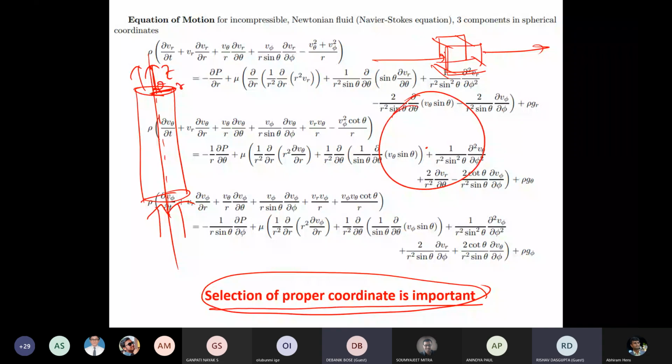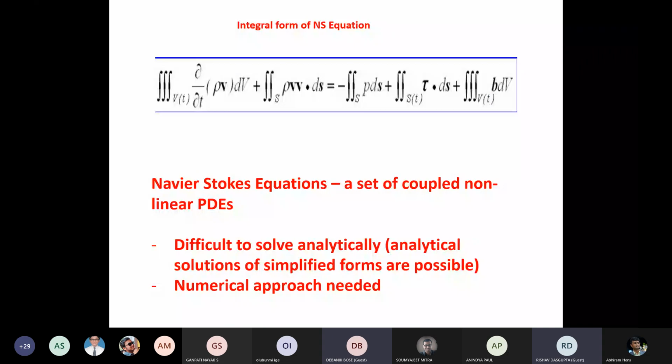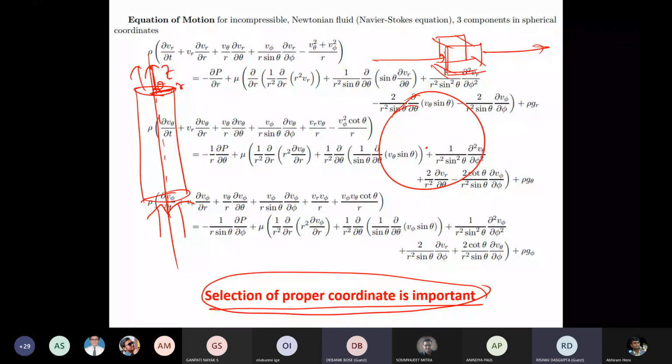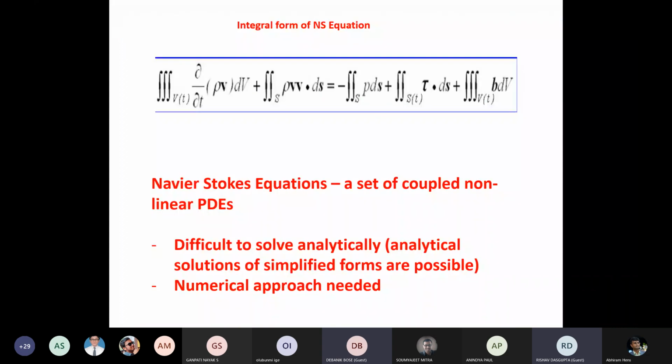Okay. Now third thing, before going to that, this is also important that I would like to show you that the equations that we are seeing here are differential form of the governing equation, means these are written in differential form. Okay. However, note that the same equations can be written in integral form also. Okay, so integral form means what?